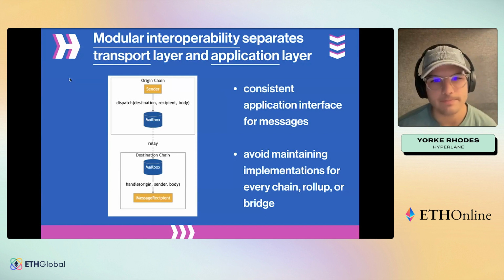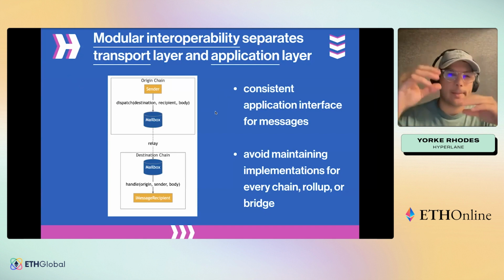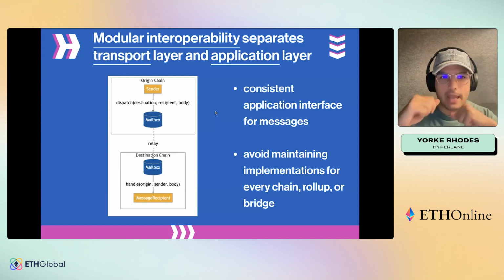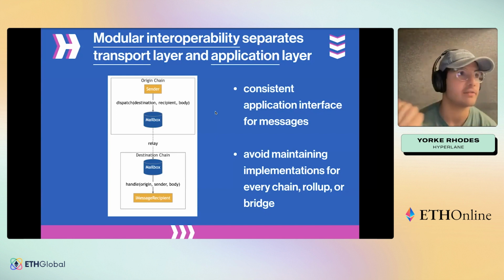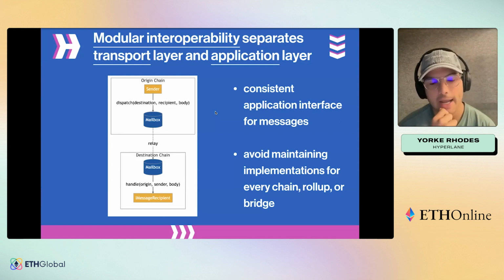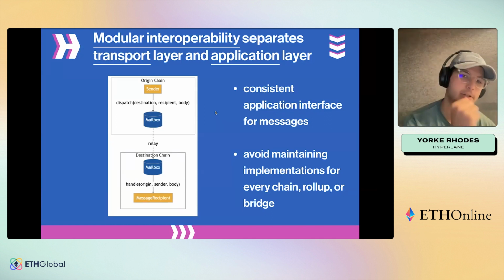And so we're trying to separate the API that you can use to send information between these chains from the actual underlying security mechanism and transport mechanism for moving that information.